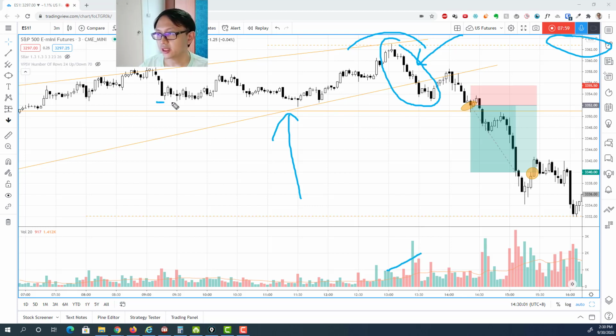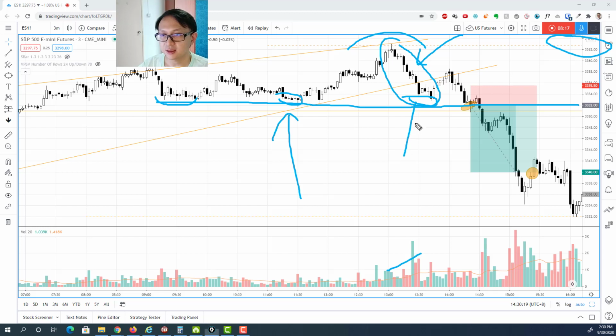But just take a look at the immediate support level here. So right now we have this roughly around 3350, 52 or 54. So that's acted as the immediate support level.